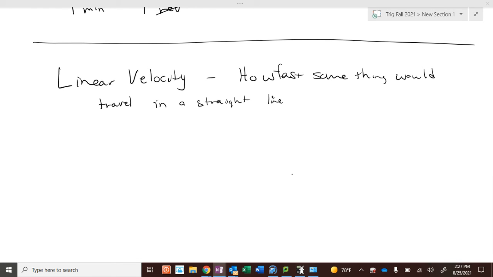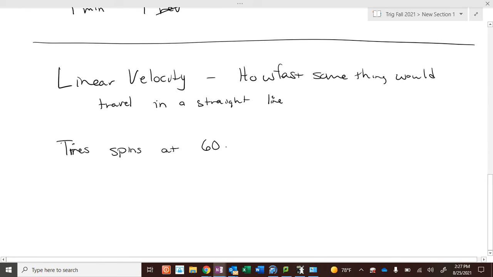So if a tire spins at 60 revolutions per minute and it's 28 inches in diameter, how fast does it travel down the road?